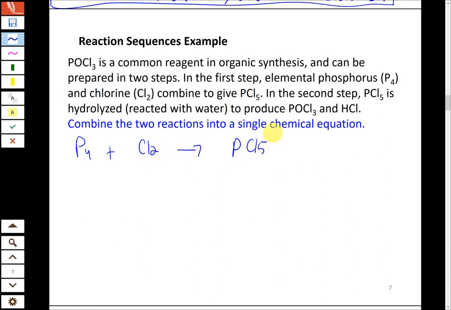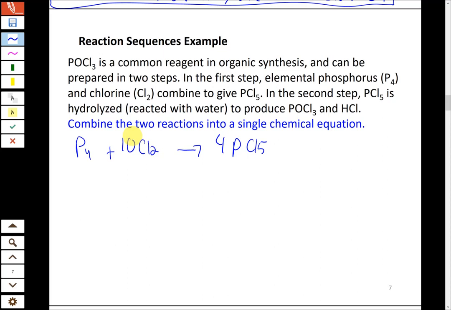If we want to balance this with whole numbers, we have 2 chlorines over here. We have 4 phosphoruses over here, so we need to put a 4 there to make sure phosphorus is balanced. And then we have 20 chlorines now, which means this gets a 10. So that's our first step, balanced with smallest whole numbers.